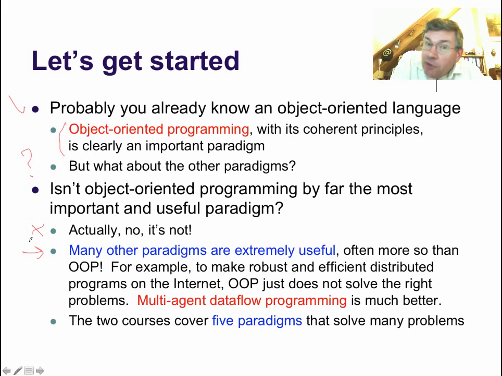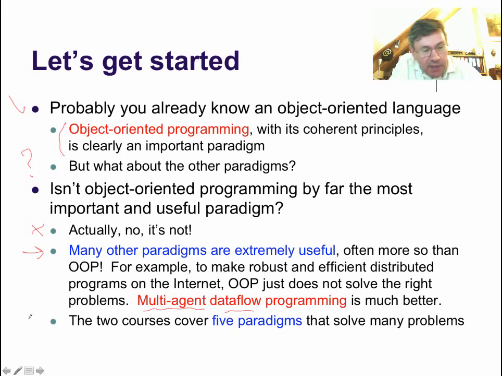There's failures, fault tolerance. Object-oriented programming is just not the right set of tools. It's like trying to use a screwdriver to solder an electrical circuit. It doesn't work. It just doesn't work. So another paradigm called multi-agent data flow is actually much more suited to building internet programs.